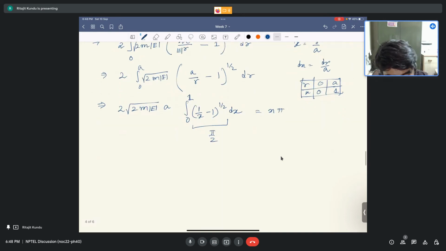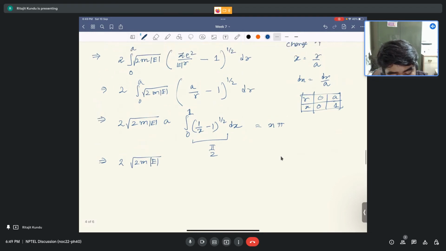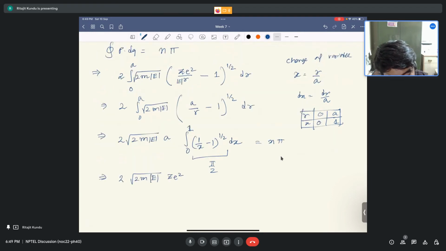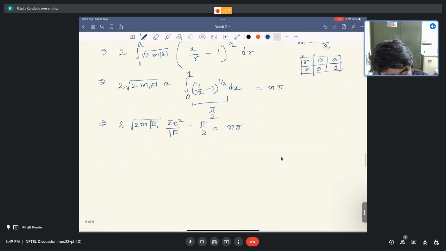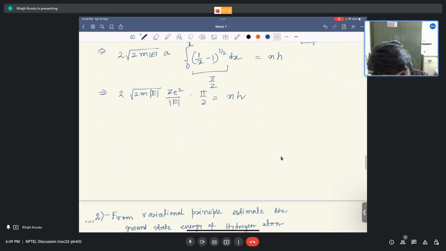Now let's simplify things a little bit. I'll use the expression of a, which is Z e square by modulus of e, and then I have pi by 2, which came from the integration. Not n pi, n h. Yeah, so this is n h. So 2 square root 2m mod e.